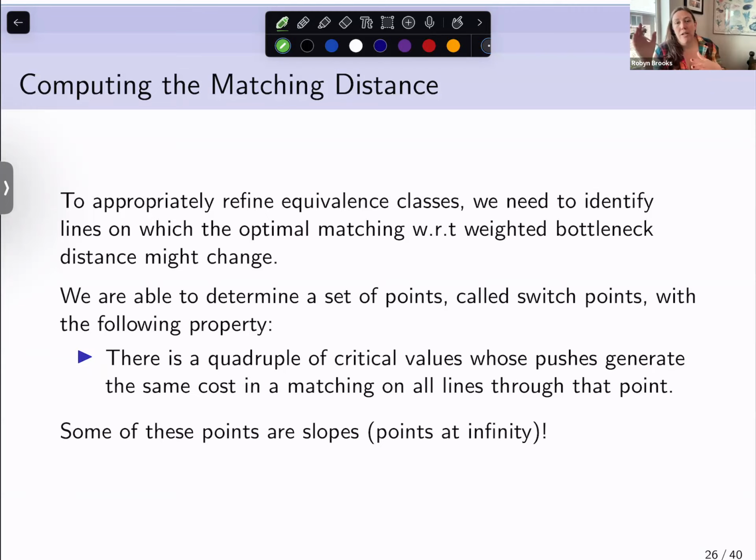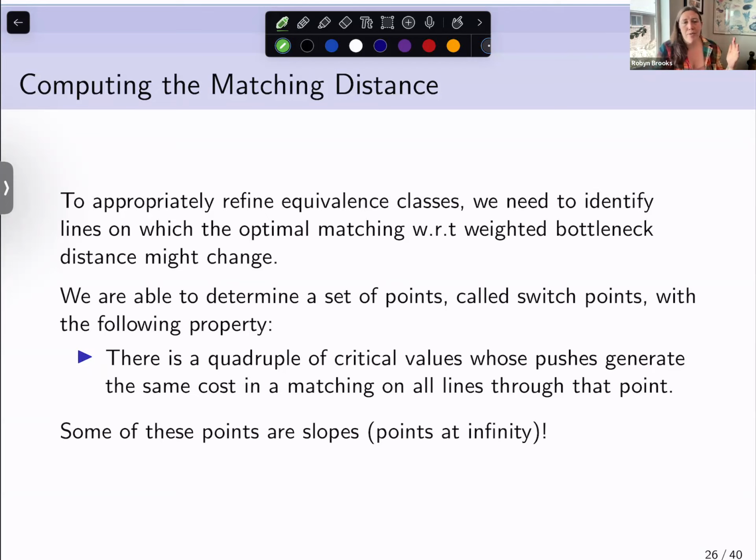These switch points are generated by looking at quadruples of critical values, because for our modules, the cost of a matching is realized as the difference between the pushes of critical values on a line. So switch points are generated by triples or quadruples of critical values whose pushes on the line, when appropriately separated and paired, generate the same cost.